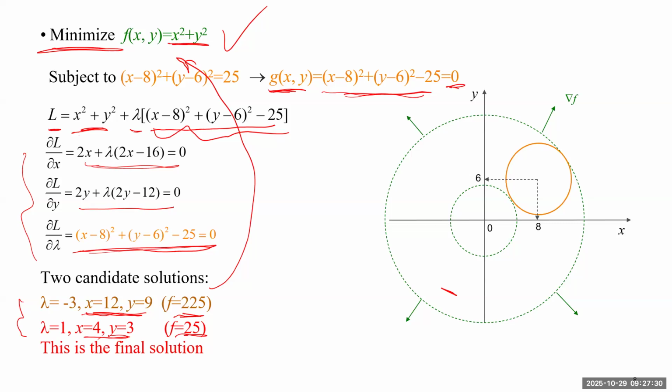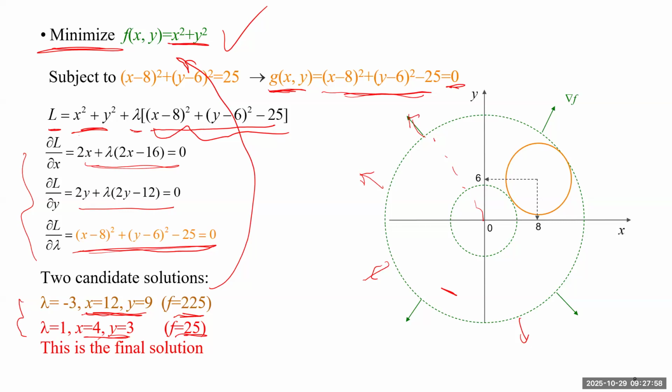It will be opposite, which means if you draw a straight line starting from the origin, the vector will be on that straight line, right? That's leaving. So any point on that circle will have a gradient vector leaving from the origin. And if you move further from the origin, you have a bigger circle and the vector will be longer, which means that's the direction of cost function increase.